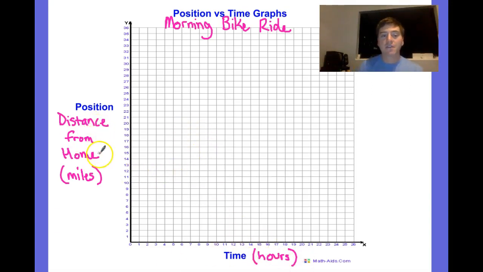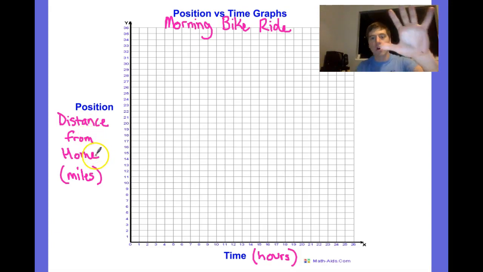So distance from home. This is strange because we just talked about the difference between distance and displacement, and this says distance, but you have to realize this says distance from home. So we're considering away from home is the positive and towards home is the negative.